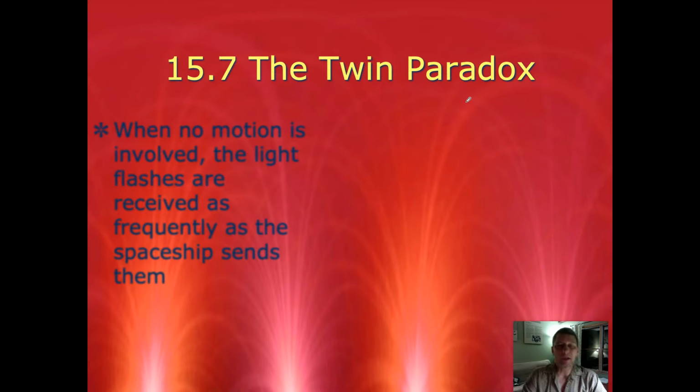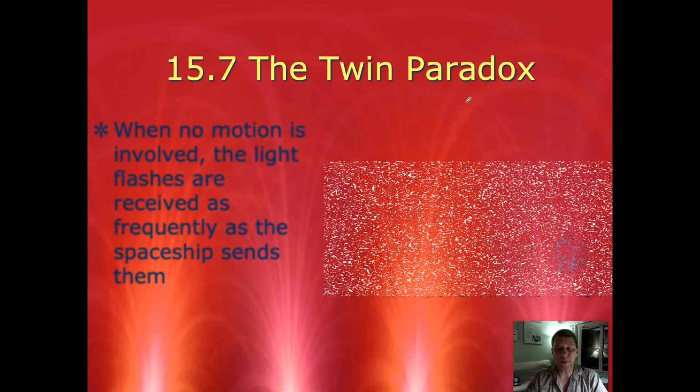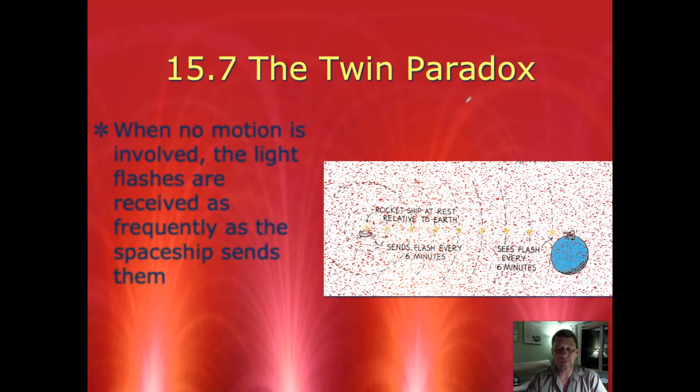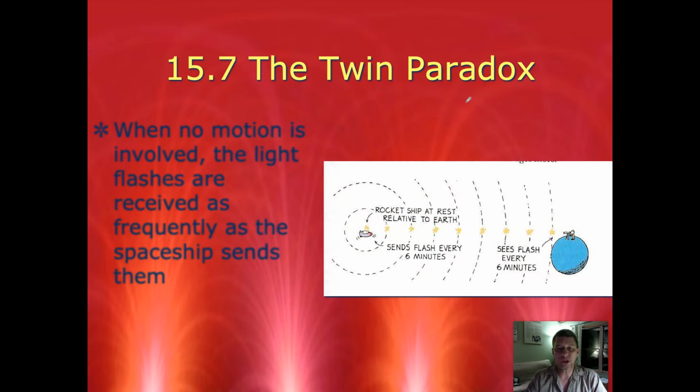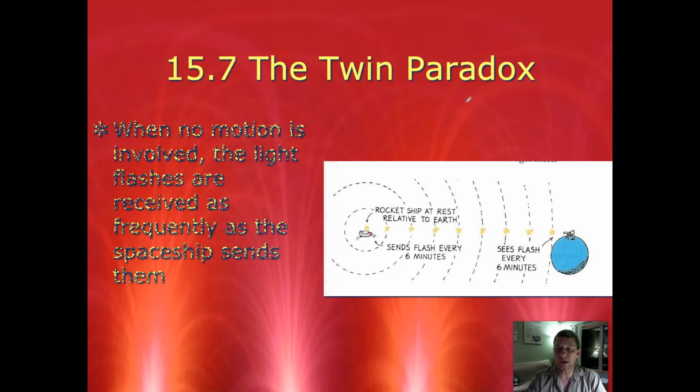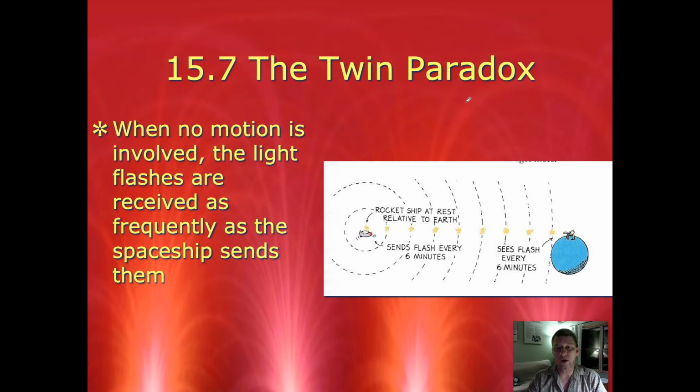In the first case, we'll start with the spaceship just sitting in outer space. It's not moving. The only thing it's doing is sending a flash of light from a big spotlight or whatever it is every 6 minutes. And so the twin who's still on Earth is going to obviously see a flash of light every 6 minutes.